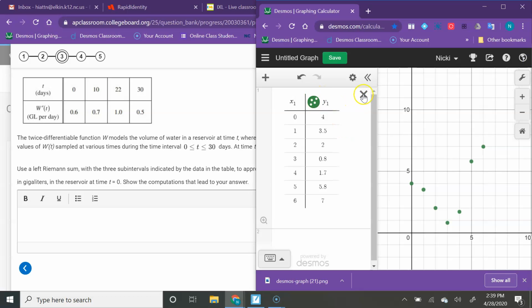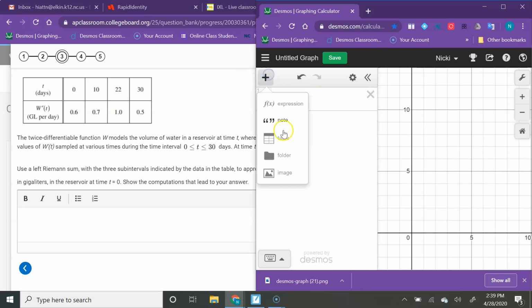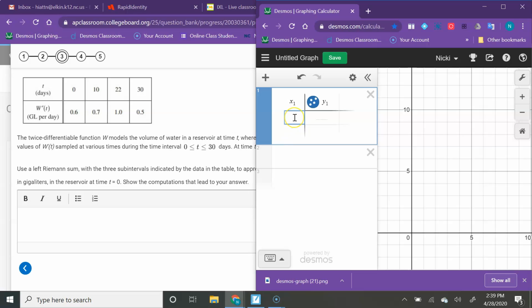And so I'm going to get rid of this table and put in a new one. And we'll have 0, 10, 22, and 30, and 0.6, 0.71, and 0.5.